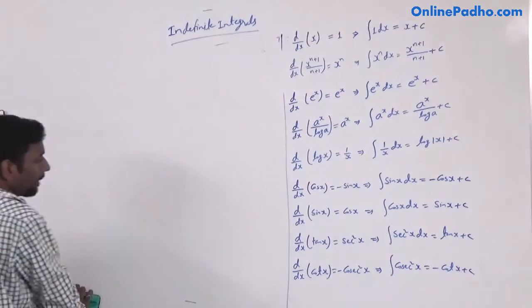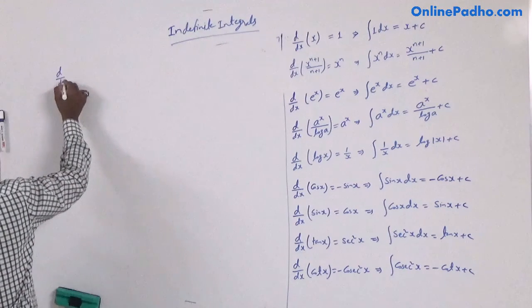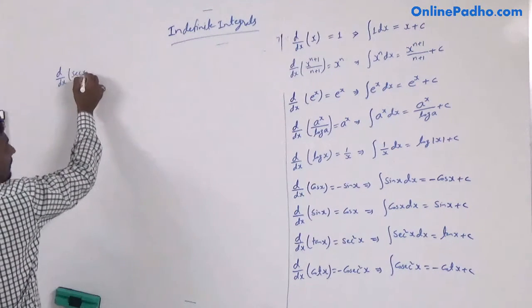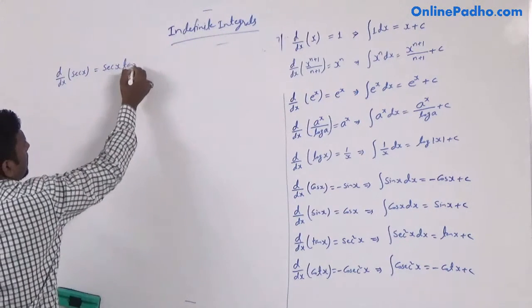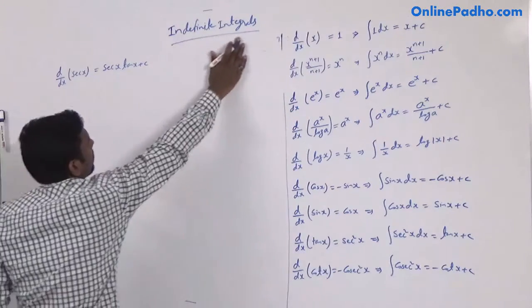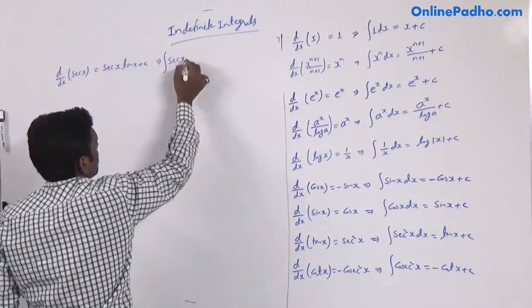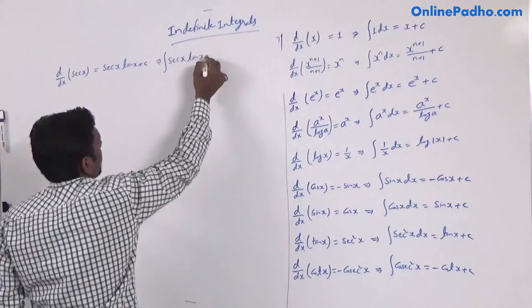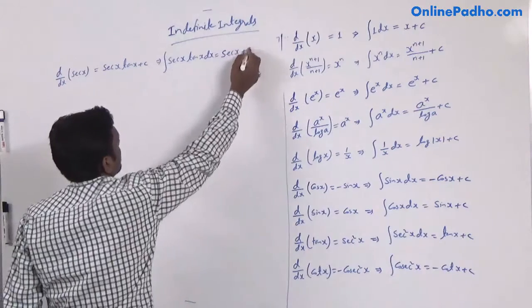Now similarly we can write the derivative of sec x, that is sec x tan x. So therefore the integration of sec x tan x with respect to x can be written as sec x plus c.